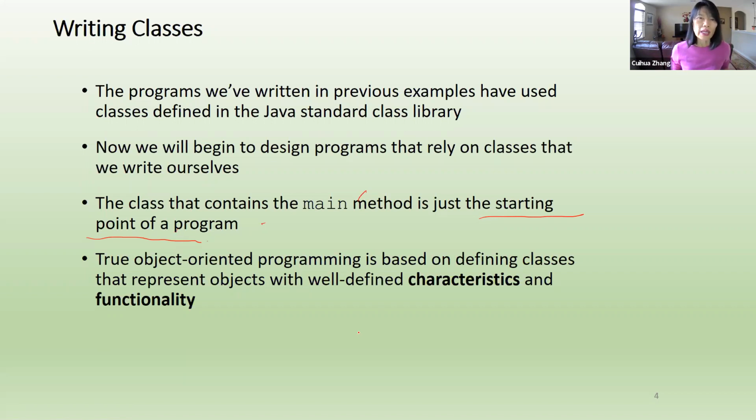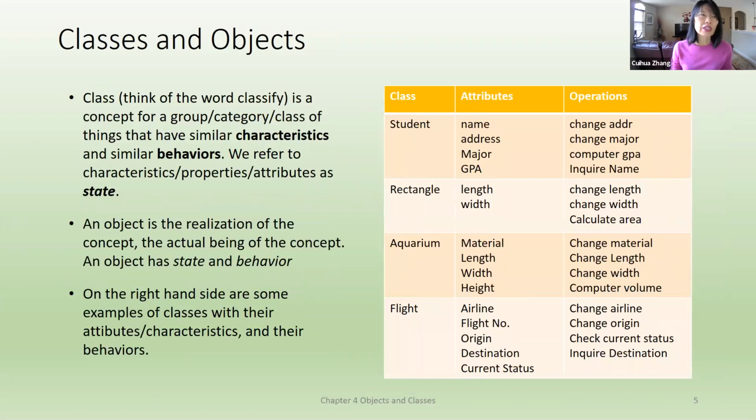So a true object-oriented program is based on defining classes that represent objects with well-defined characteristics and functionality. These are the two things, characteristics and functionality of a class. So let's look at this. What is a characteristic? If you look at a student, what are the characteristics of a student?